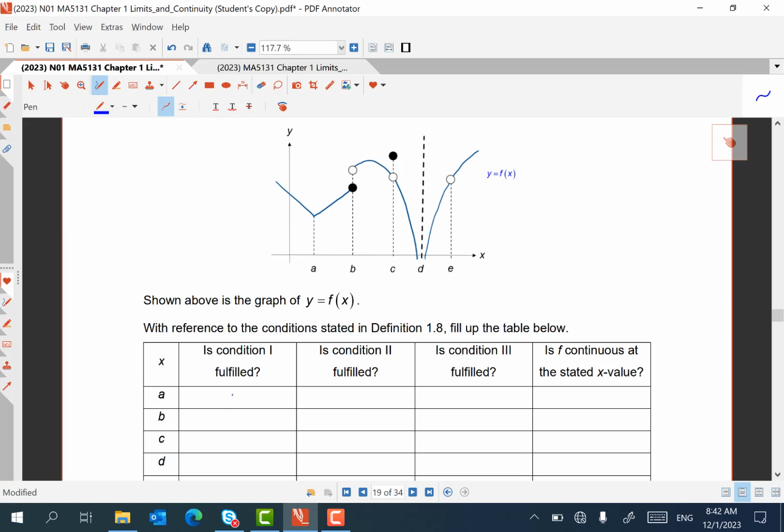Yes, so you put a tick. At the point A, is condition 2 fulfilled? The limit at the point A based on the graph? Yes. And is condition 3 fulfilled? And lastly, you have 4 yeses like AGT.